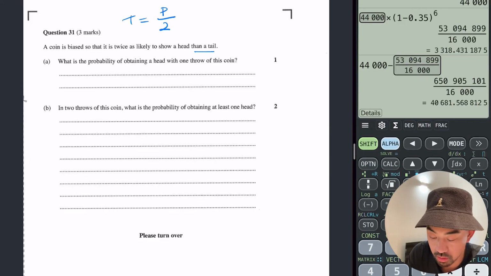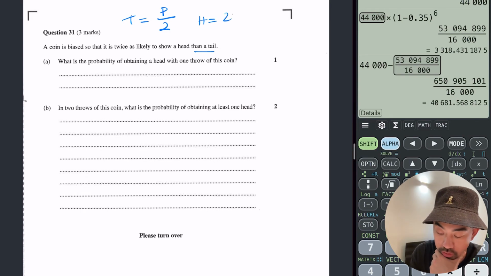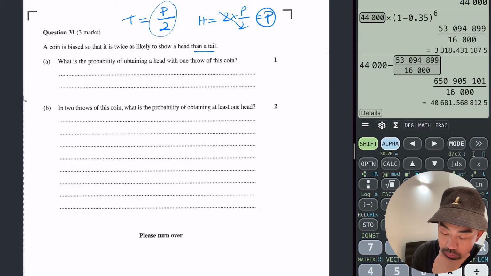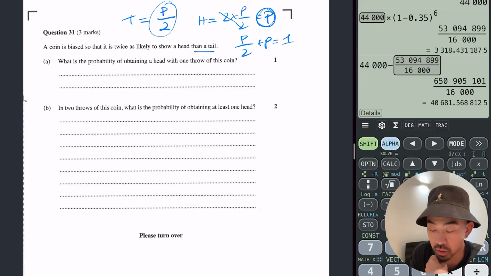So let's say tails is probability p over 2, because we don't know what the probability is. And heads is going to be 2 times that. So 2 times p on 2. So that's p. That's a probability of p. And I know that this probability plus this probability should be 1, because total probability is out of 1.